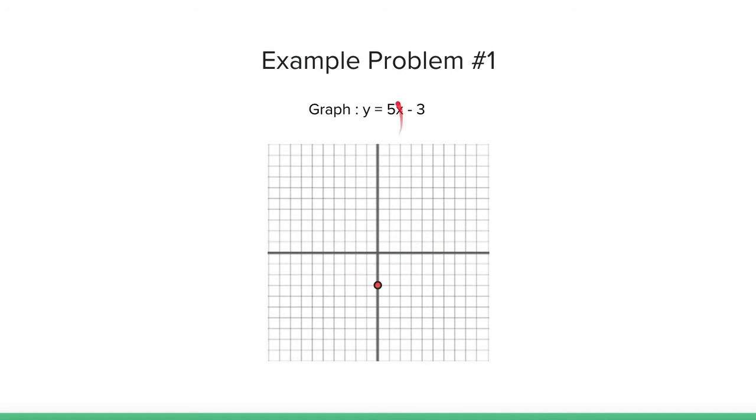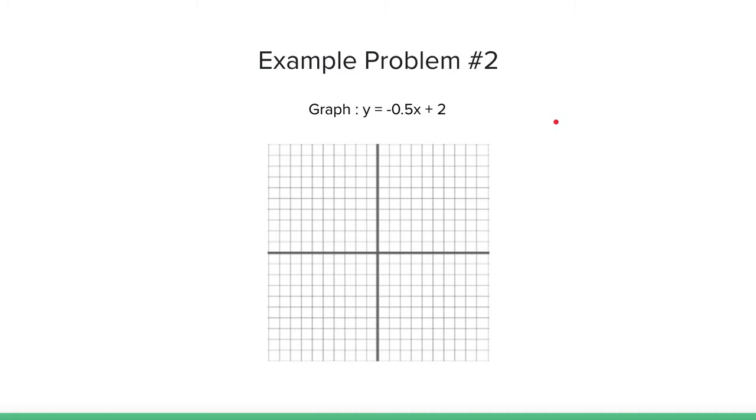So we see that the slope is 5, and 5 is equal to 5 over 1. So as x changes by 1, the y will change by 5, so it'll be somewhere over here. And then now we just need to draw a line through both of these points, and then we're done.